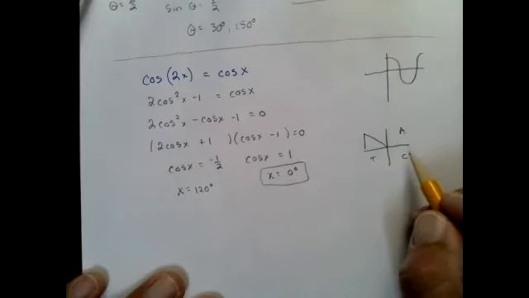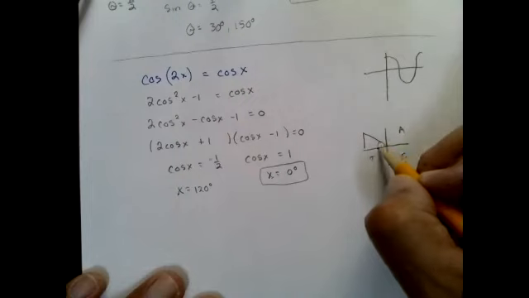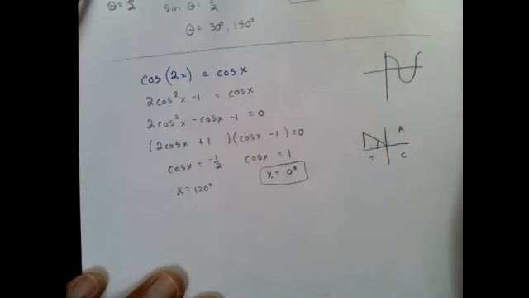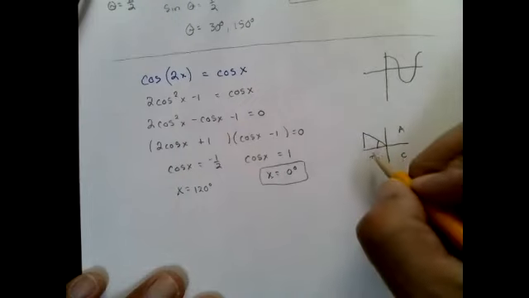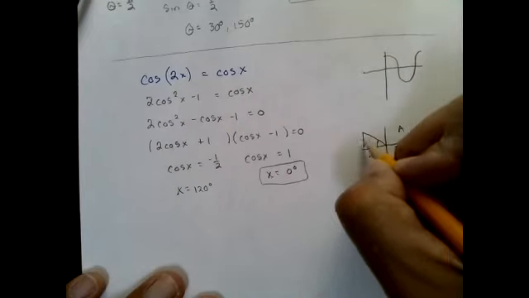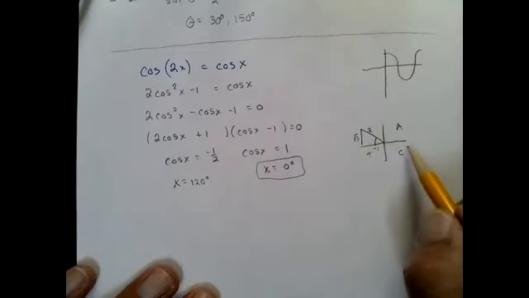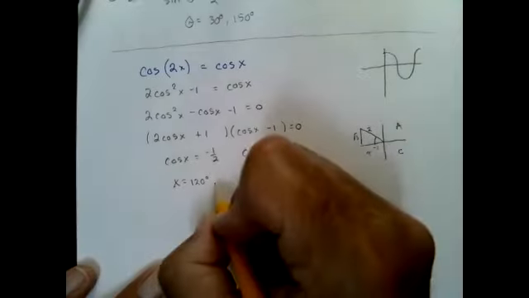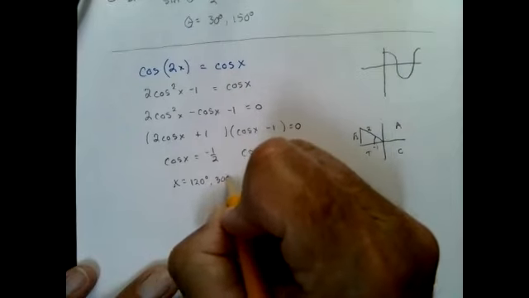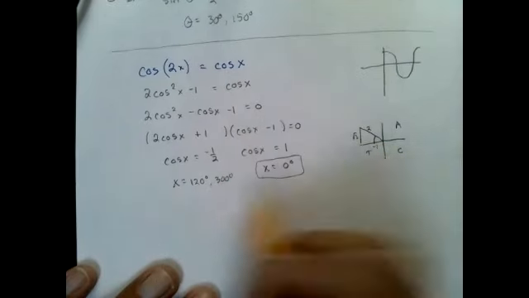How about 300? No, if this is 60, I would go 60 less than 360, which is 300. Or I could have just advanced 180.